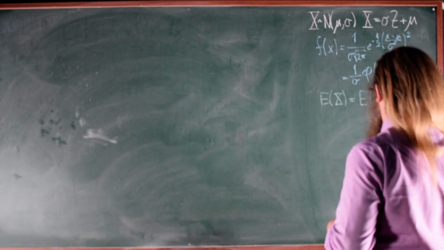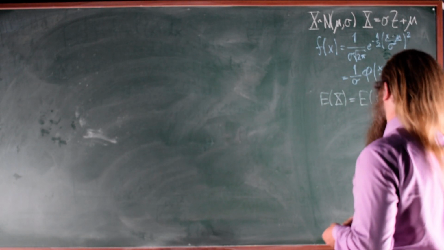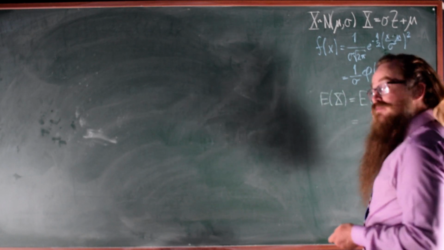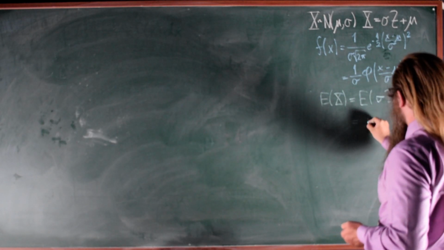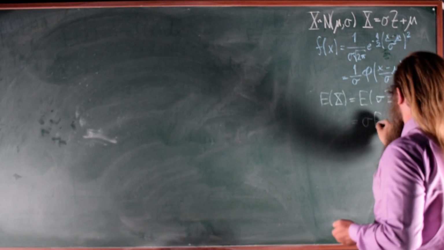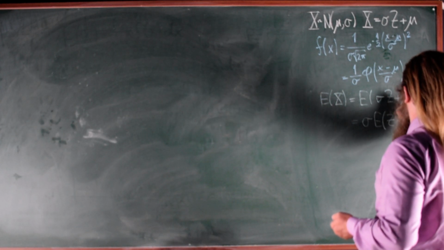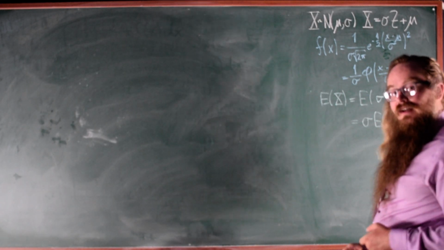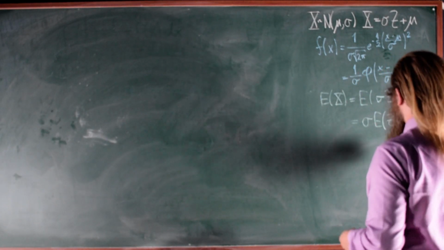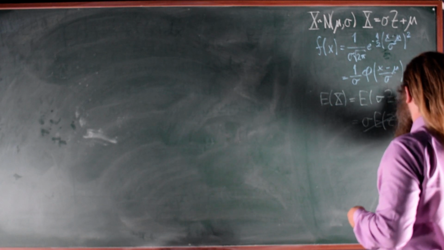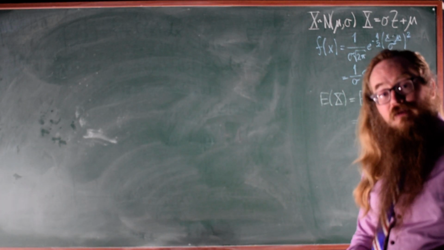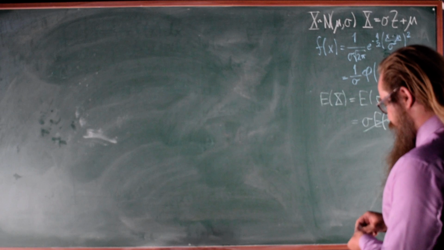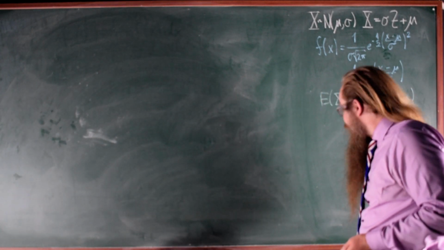Nobody thinks it's a 2 or a 7, hopefully. But since the expected value is linear, I just get sigma times the expected value of Z plus mu. And the expected value of Z is symmetric about the y-axis, so this is just 0. So I get the correct mean. Beautiful. That's something, at least.